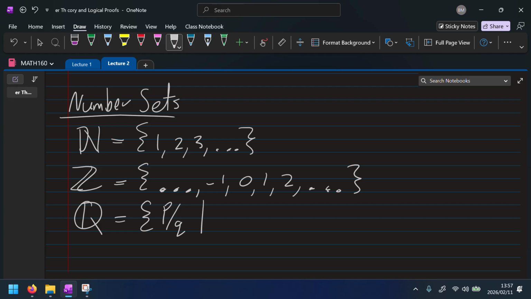P could be car, could be whatever. We need to say exactly and precisely what P and Q are. So P and Q must be integers. You have to say exactly what you mean. And you said it, Q can't be 0.